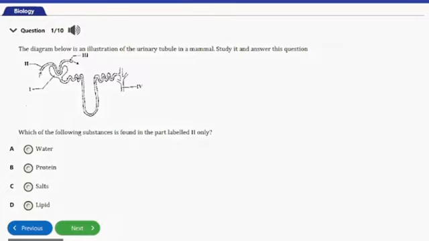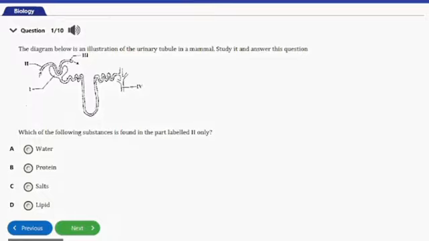Whereas the other substances that make up the blood constituents will pass through, apart from the plasma proteins and the blood cells. Blood cells are not among these options, so we only have the plasma proteins. They are the only components that will be found in II, but will not pass down to the Bowman's capsule. So that's it for that question.